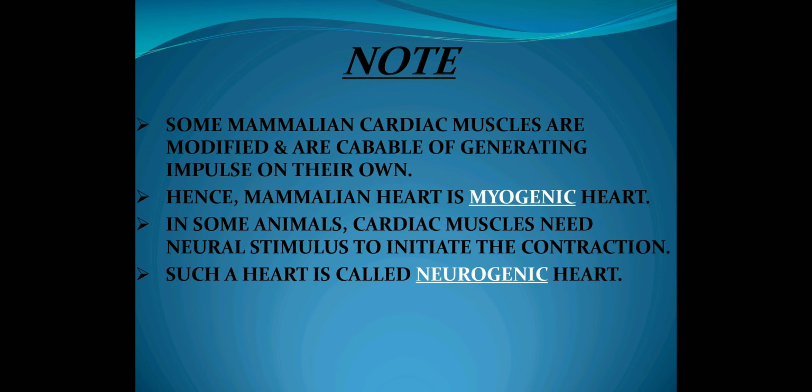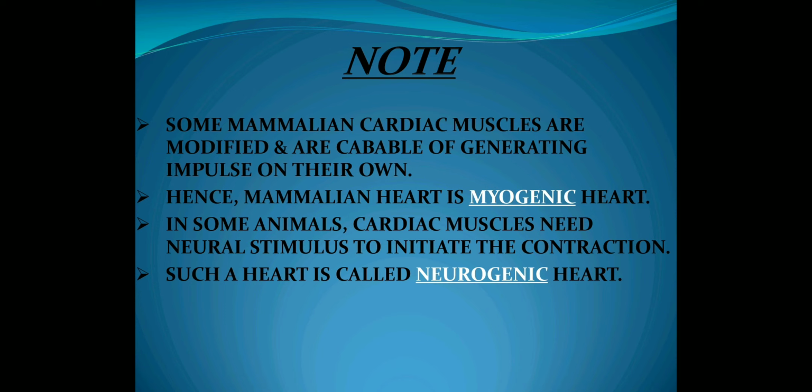That means in some animals the cardiac muscles need a nervous stimulus to initiate the contraction of the heart. Such a heart is called a neurogenic heart, that means the heart which is controlled by nerves. The heart which controls itself is myogenic, with the help of muscles, and the heart which is controlled by nerves is called neurogenic.